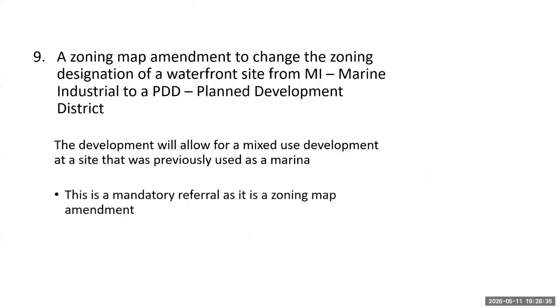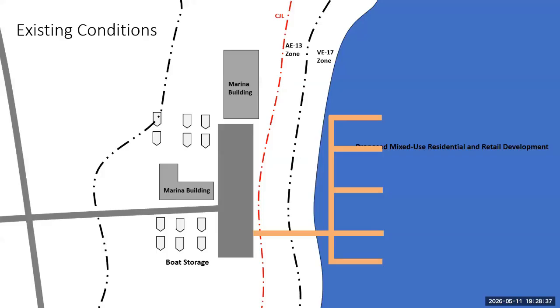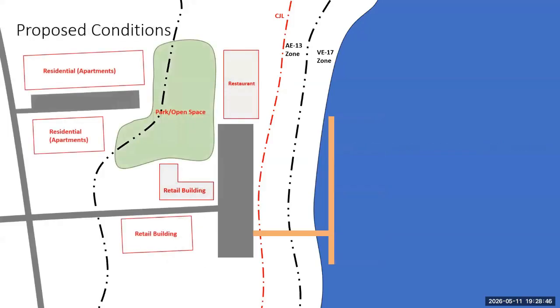But then an application like this is one where not only are there acceptable water dependent uses being proposed, but this is a proposal where we're going to defer to the commission and say, hey, this is your area. You know the site characteristics better than we do. So if you think it's appropriate to change the zoning designation and you're securing public access, that's up to the commission to determine whether it's consistent with, again, your plan of conservation development.